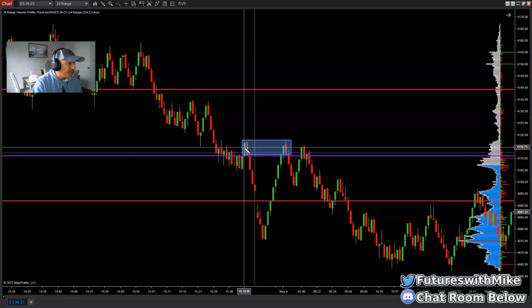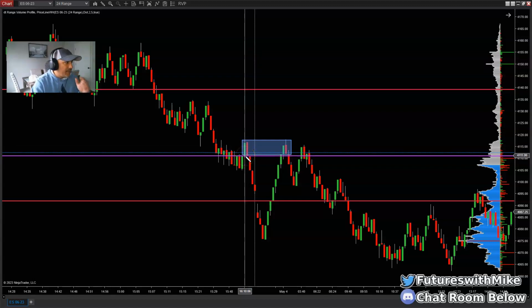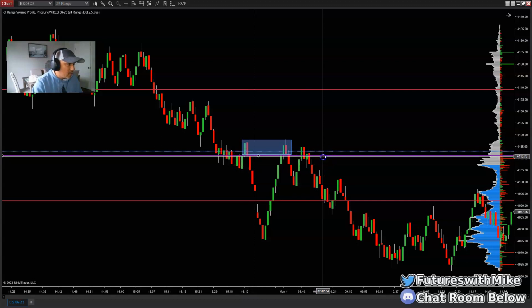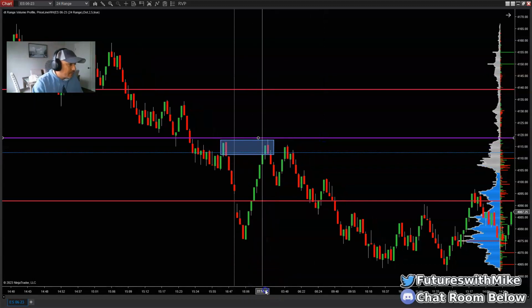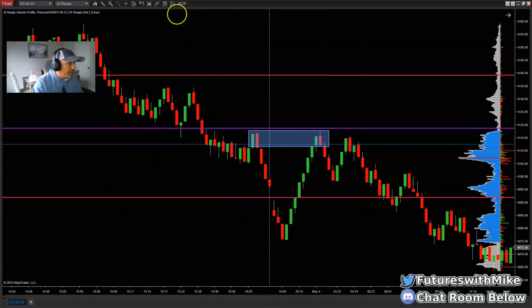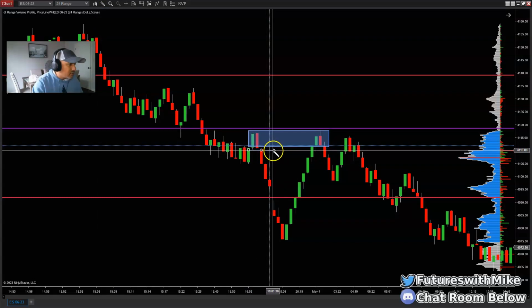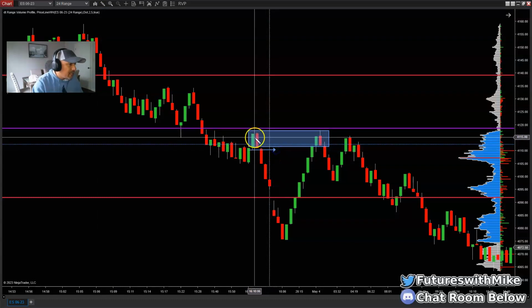So there is a difference, or space in between, this last up candle and the red candle that took it out. So the bottom end of the candle, let me move this purple line right quick so you can see it. Let's blow it up a little more. Let's get the arrow line. So the bottom end, including the wick of the candle, is right here, the last up candle.